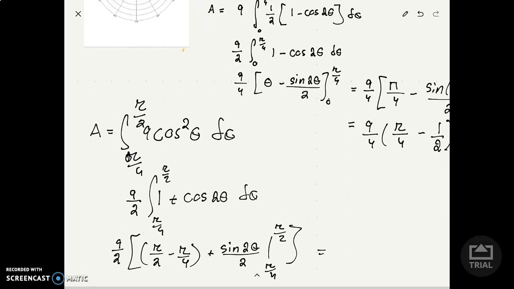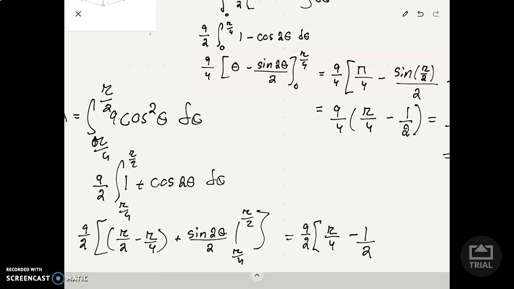So that first term still stays. Pi over 2 minus pi over 4 is pi over 4. Then evaluating the sine, the sine of 2 times pi over 2 is sine of pi, which is 0, and that's minus the sine of 2 times pi over 4, which is sine of pi over 2, giving negative 1 over 2 from the 2 in the denominator.